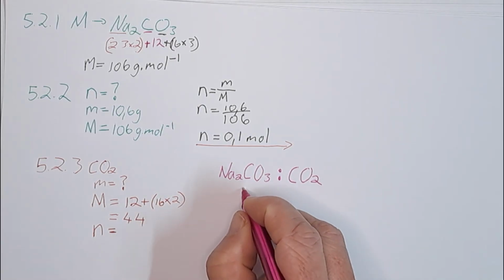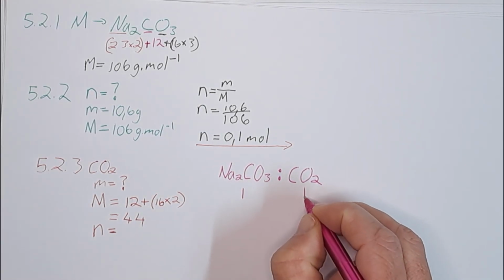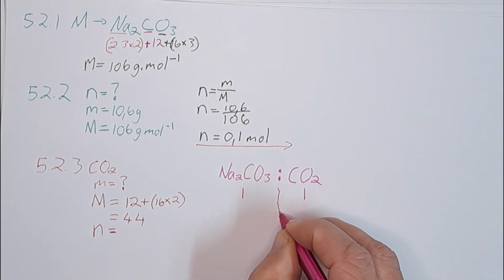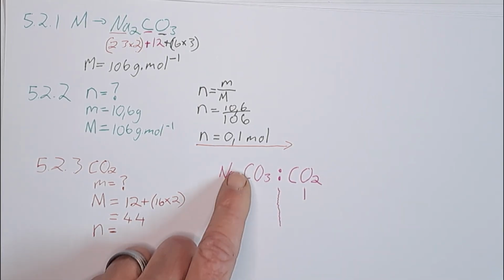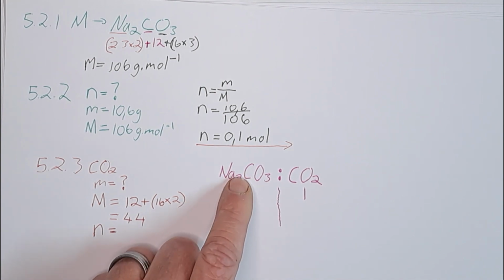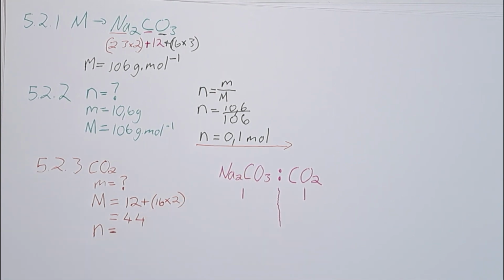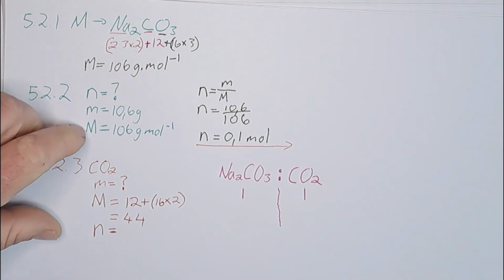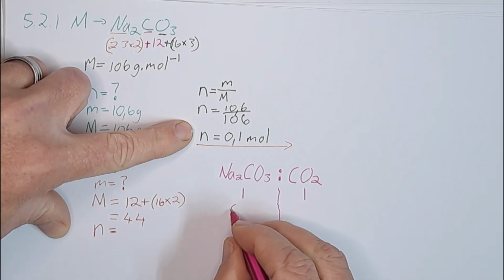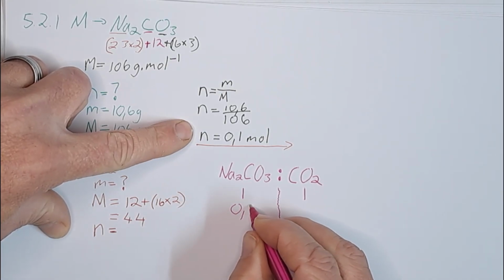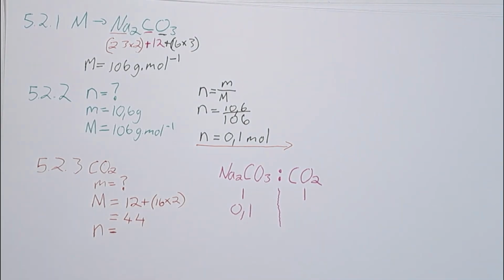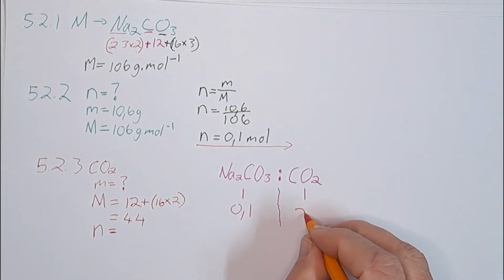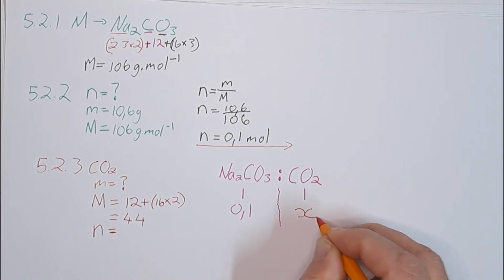So it's going to be 1 and 1. Let me do a little line there. So it's 1 and 1. I also then have the mole of sodium carbonate, so that mole we calculated there. So we're going to fill it in there, 0,1. And then carbon dioxide, that mole is the one that has been asked.